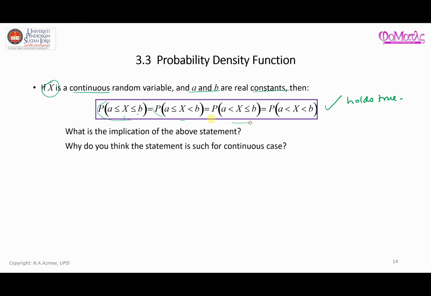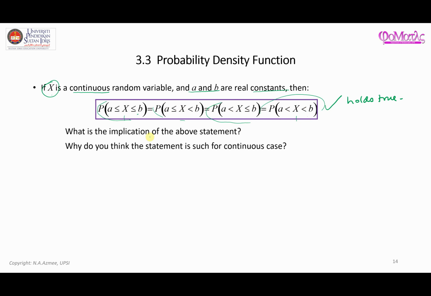It is also the same when you find the result for x greater than a but less than or equal to b. And the result is also the same as finding the probability of the random variable being greater than a and less than b.